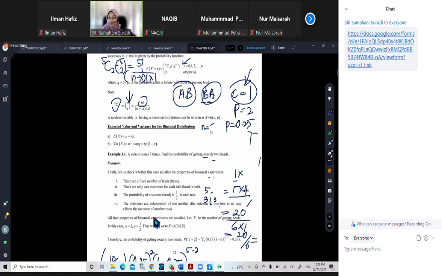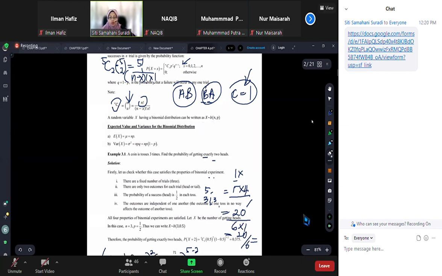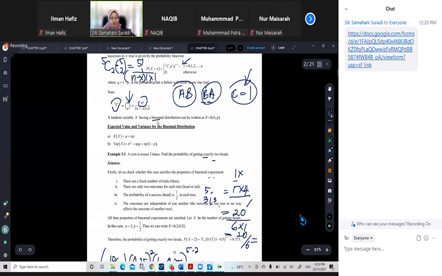Because of the countable value, we apply the binomial distribution concept. X is the random variable, and B stands for binomial. N is how many trials in the experiment, and P is the probability of success. And then expected value.